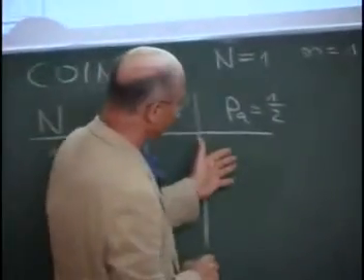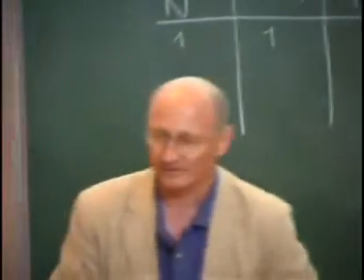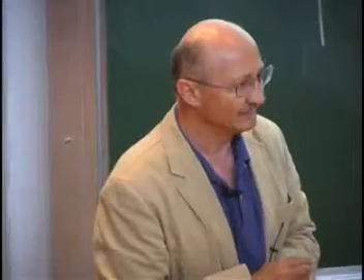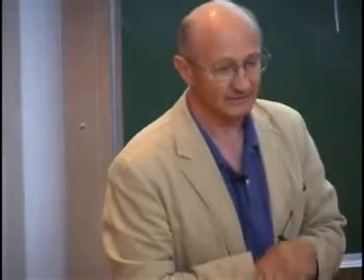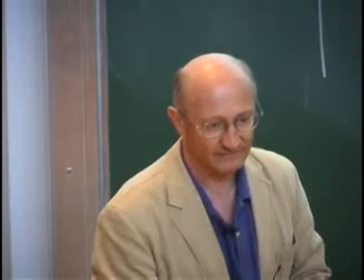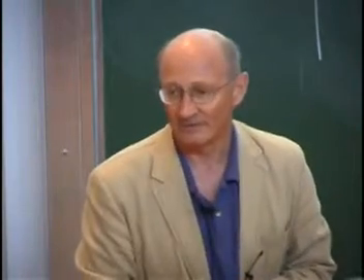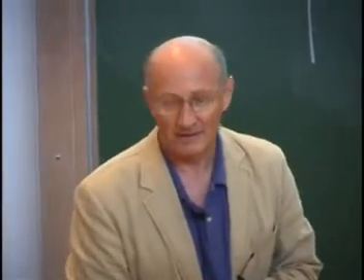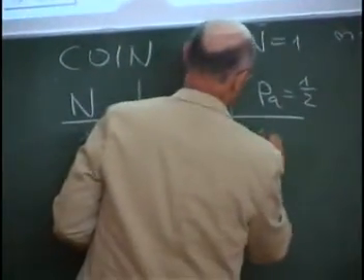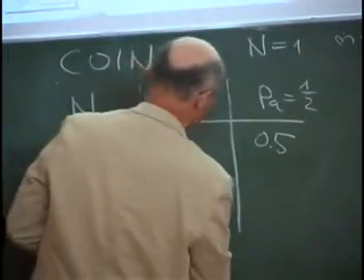What do you think? I'm not talking about mathematical formulas, but what will be my intuitive belief about this probability? What would you say? Say 1/2? Would everybody agree that it is 1/2 after one trial? Yes? Okay, that's fine with me. Now I do another experiment. I get head again. How about now?